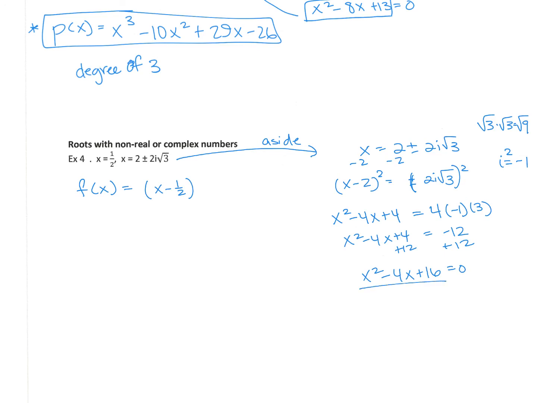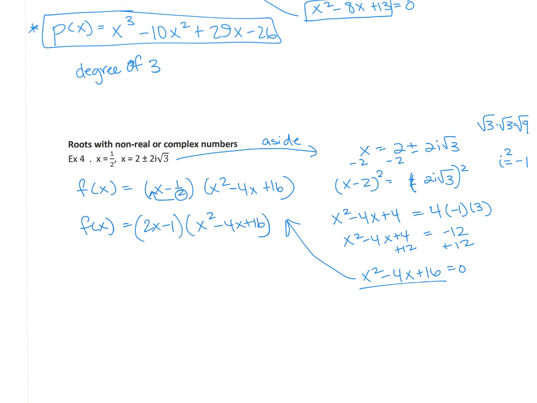So I'm going to put this back into my problem. Another one of my factors is x squared minus 4x plus 16. Now on my fractional one, I'm going to change it. I'm going to multiply the whole thing by 2 so that I can rewrite it as 2x minus 1, which is much better to multiply with, no fractions, and x squared minus 4x plus 16.